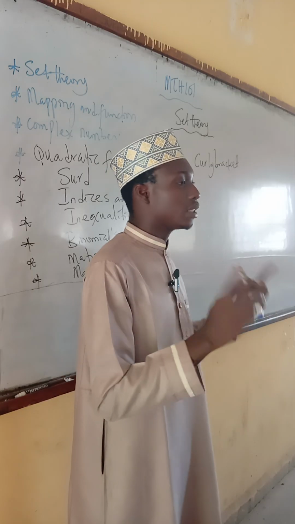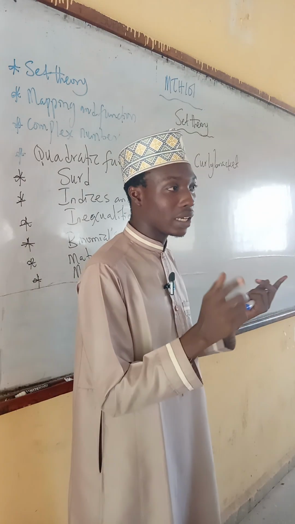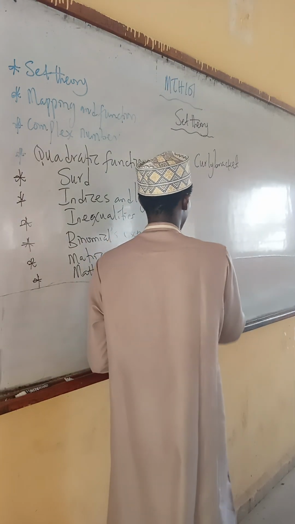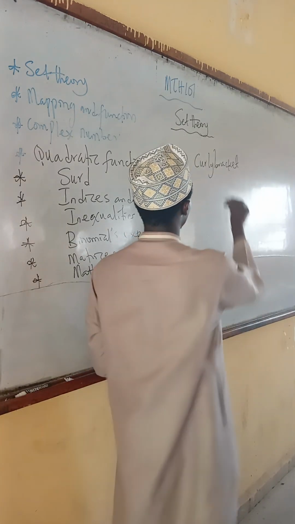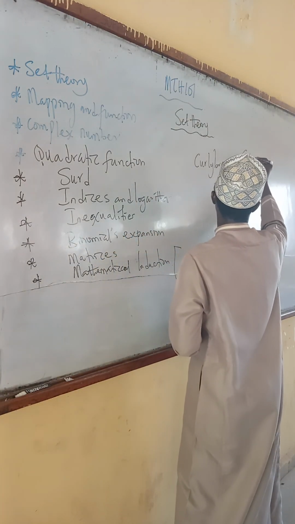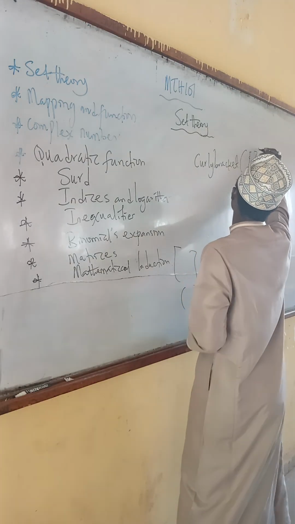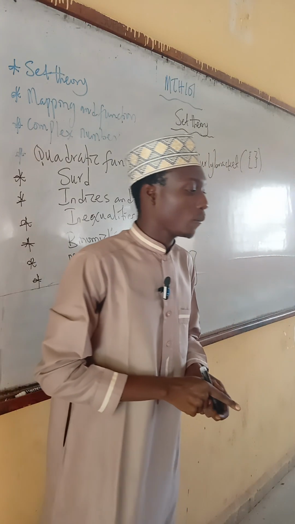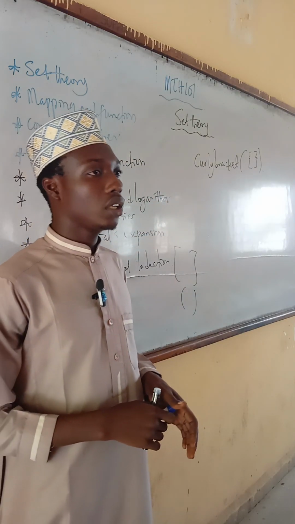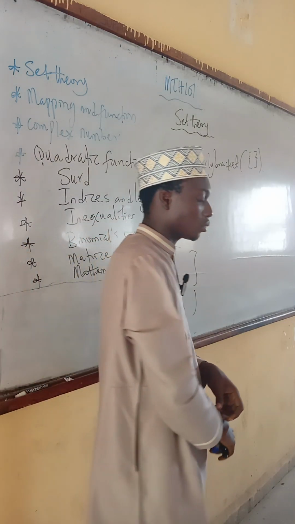So when you are dealing with sets, you don't just use any bracket. You don't use square brackets, you don't use parentheses. You use the curly bracket, which looks something like this. This is what we call curly brackets. Are you following? Full stop.